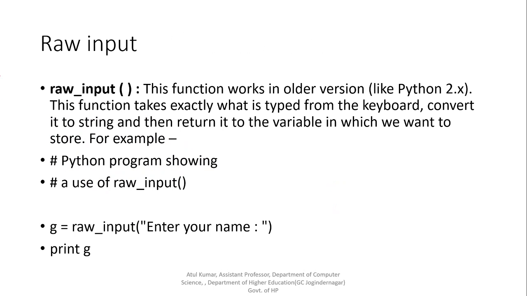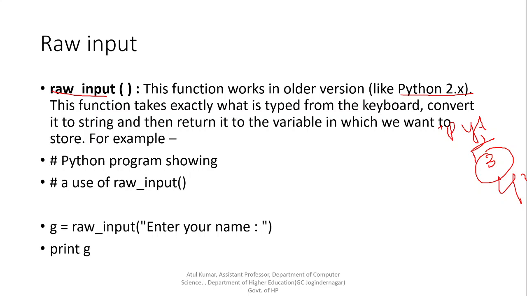The next kind of function is the raw_input function, and this works in older versions like Python 2.x. We have different versions of Python like Python 1, Python 2, and the current version is Python 3. Python 4 is also available.